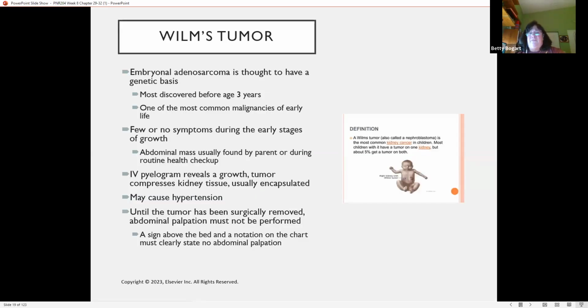So, Wilms tumor. Now, I've seen one of these in my lifetime, and I'm going to tell you the story about it. I was working in triage after the Haitian earthquake back in, I think it was 2010, something like that. Our hospital actually went over to Haiti, and our nurses went down there and offered services, and so did the doctors.